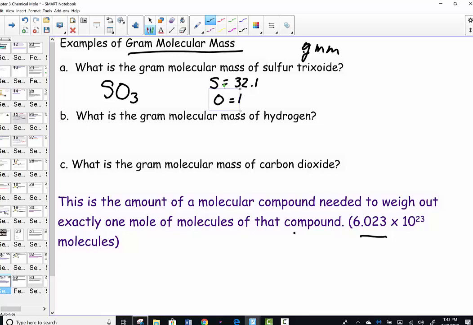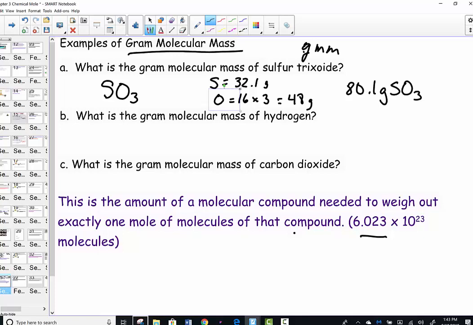There are 3 oxygens, each weighing 16, so the total contribution from the oxygens is 48 grams. When you add 32.1 and 48, you get 80.1 grams of sulfur trioxide.